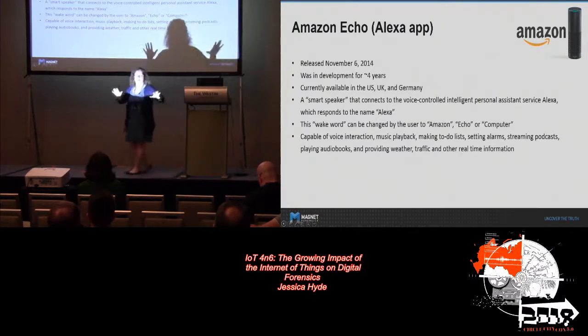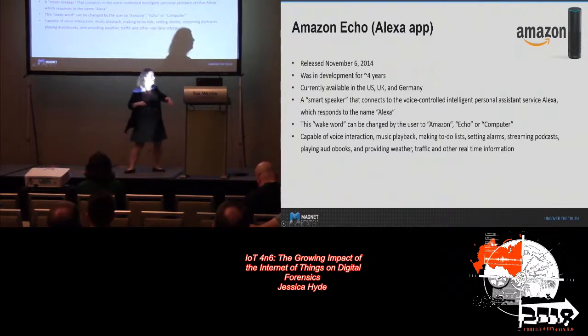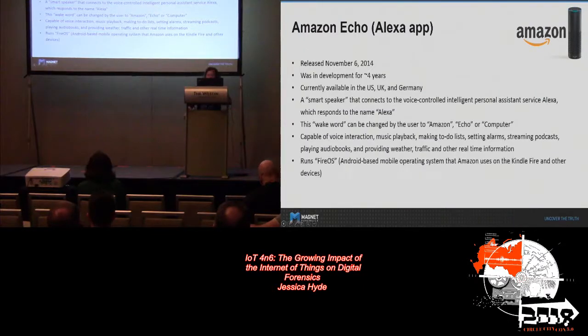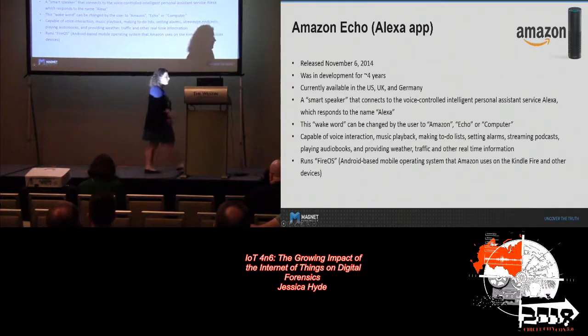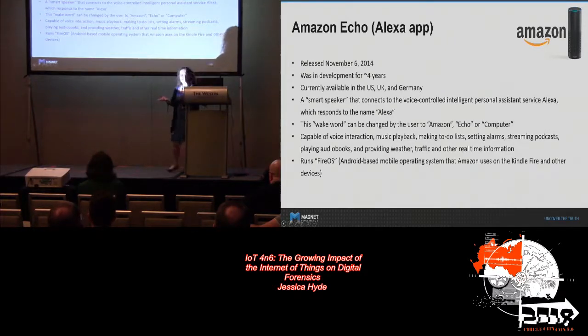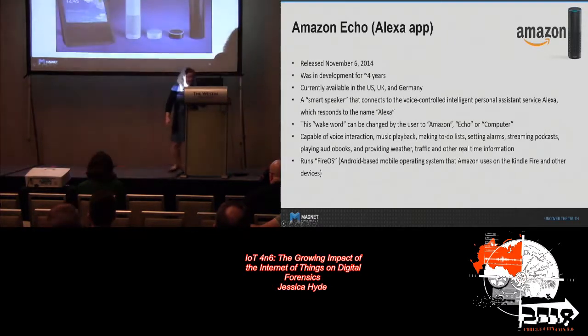I'm like the anti-security person in the room, right? As a forensicator, I completely know that. It does run Fire OS on the actual device. Anybody who's familiar with Amazon should think that's pretty cool because that's what your Kindles run. So it makes sense that they're running that. But Fire OS is really just Amazon's version of Android.